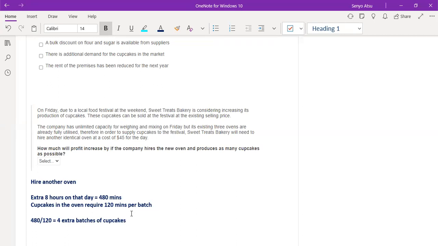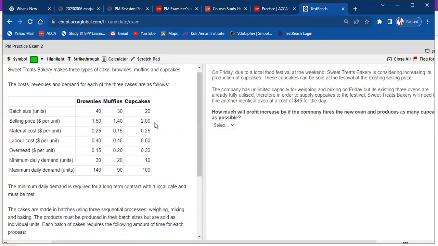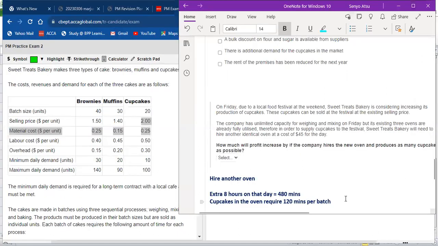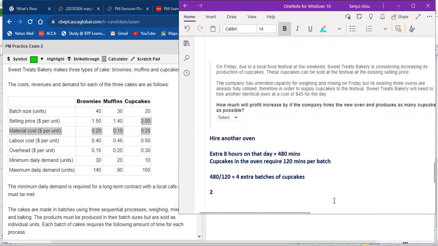Okay, if you can make 4 extra batches of cupcakes, and a cupcake is giving me throughput of 2 minus 0.25, that's selling price minus material cost for a unit, and there are 20 units in the batch, 2 minus 0.25 is throughput or contribution of 1.75 per unit, times 20 units is $35 for each batch, and the ovens will help me do 4 batches.